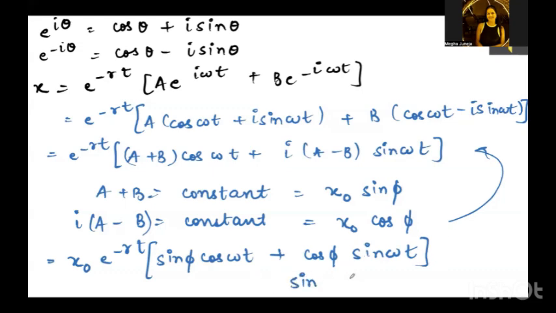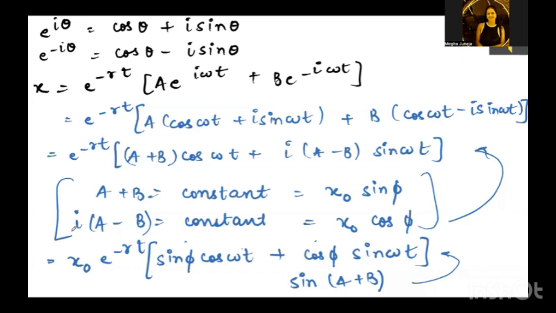Correct. So it's giving us a formula for sin a plus b. Sin a plus b हमारा किसके equivalent होता है? Sin a cos b plus cos a sin b. Okay. So that's why we have taken these constants as x naught sin phi and x naught cos phi.